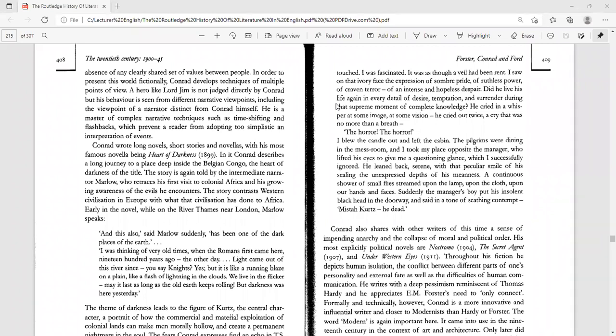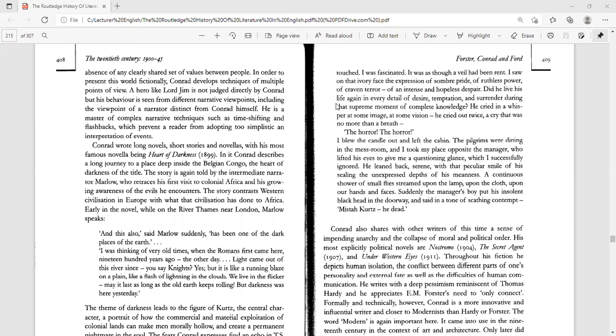The story is told by an intermediate narrator. Marlowe means there is a first narrator. The narrator can be the author or novelist, and then Marlowe, the second major character, is also used to narrate the story with his own point of view.